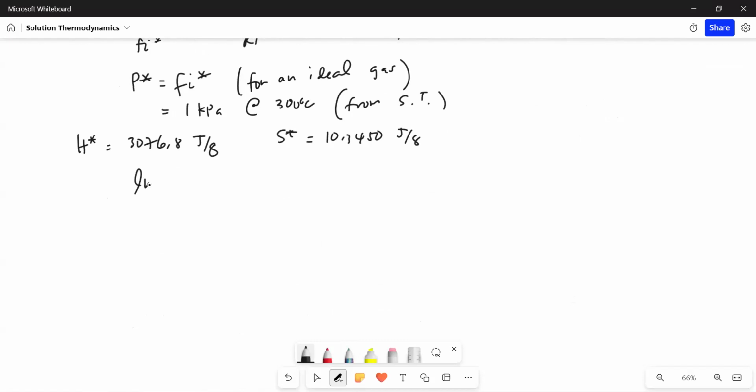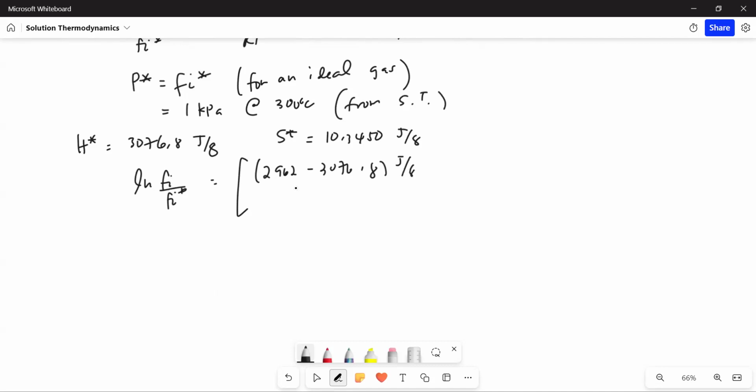Okay, ln fi over fi star is equal to, substituting the values, 2962 minus 376.8.